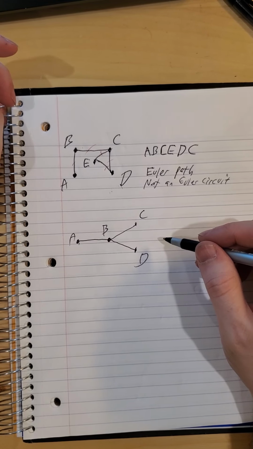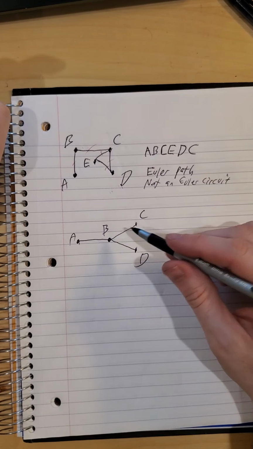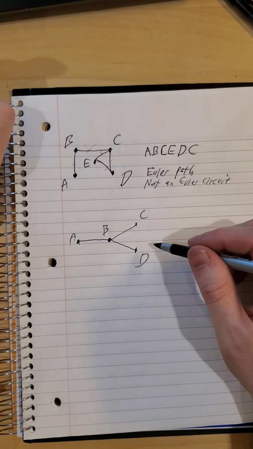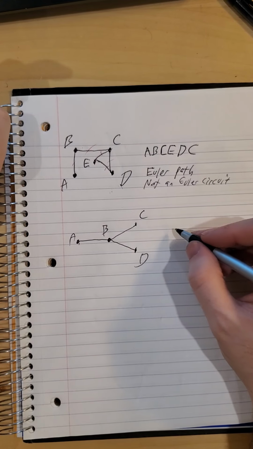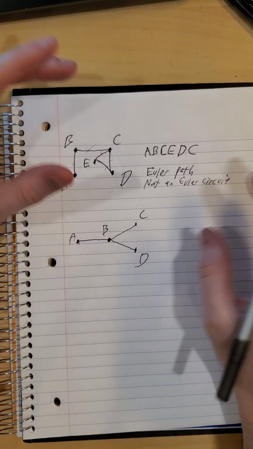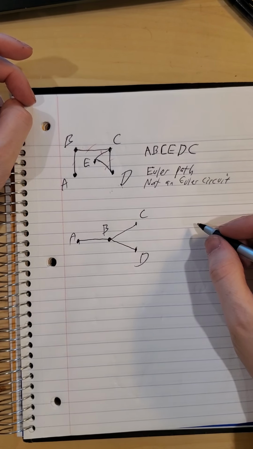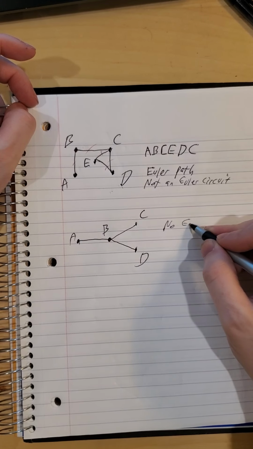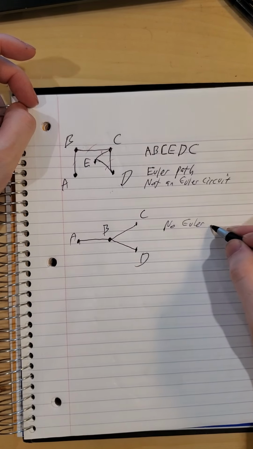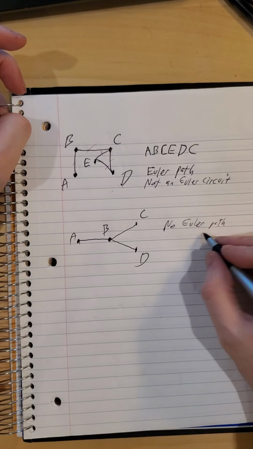You should discover, however, that no matter how hard you try, no matter which of the 4 vertices you start on, you're not going to be able to use each edge once. So go ahead and pause it, give it a try, convince yourself that what I just told you is correct. Welcome back. So this is a case where we have no Euler path. And if there are no paths, there can't be any circuits.